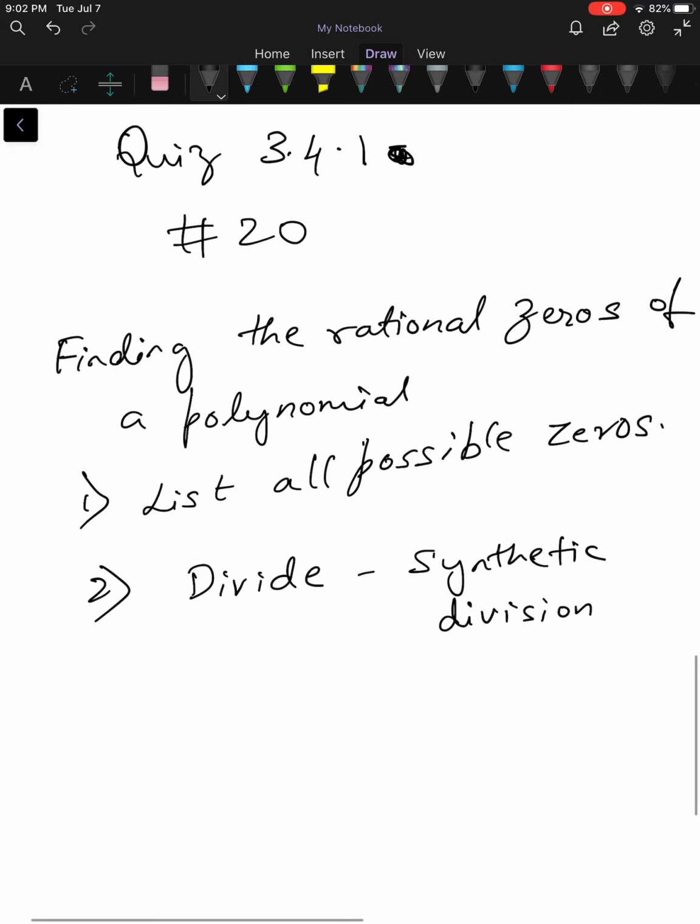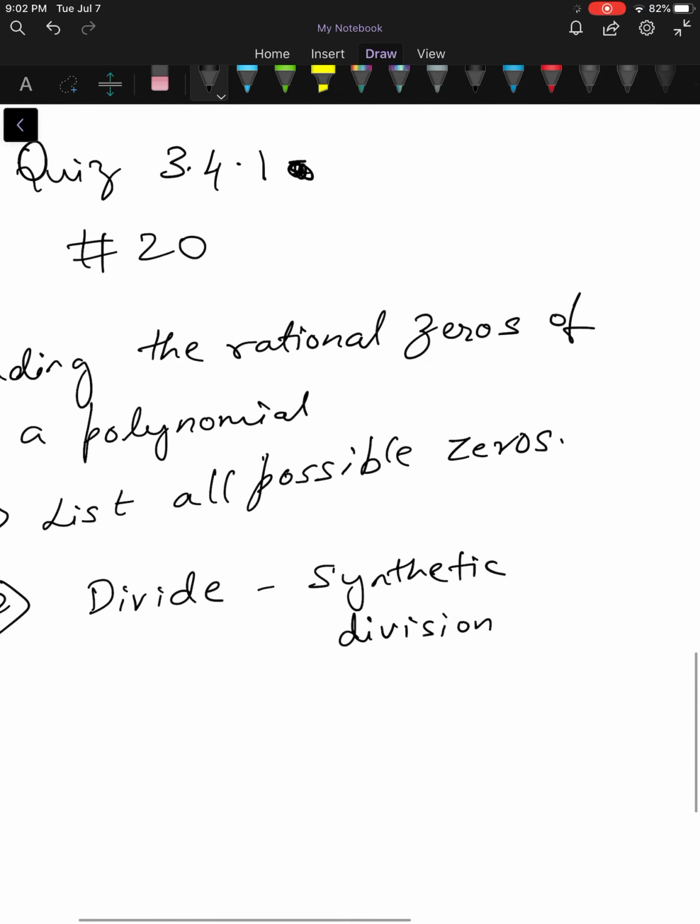Suppose you have something like plus or minus 1 as a possible option for rational zero. So you use that as the c value, the value using which you perform the synthetic division. And if you get the quotient in this case, then this would be a rational zero.